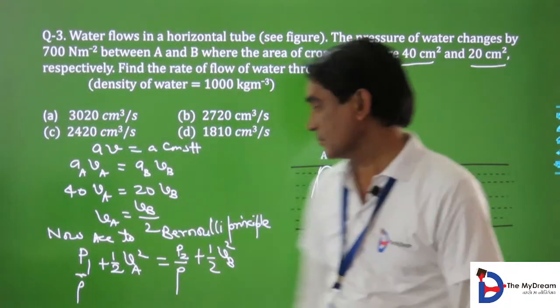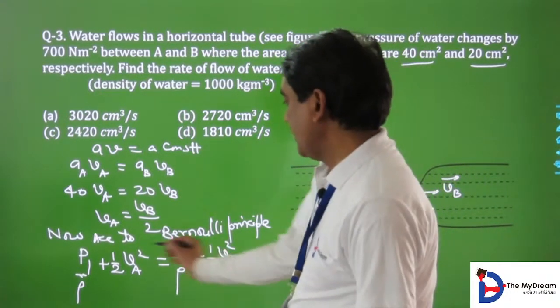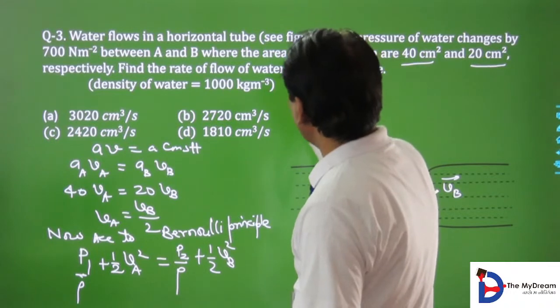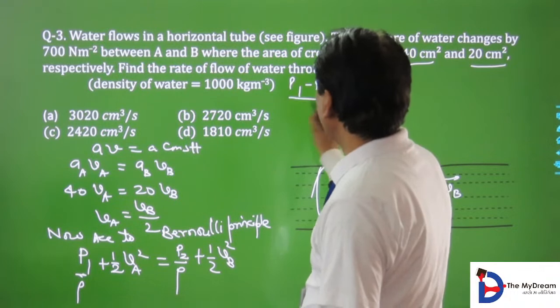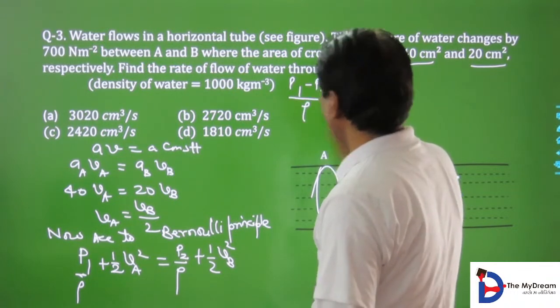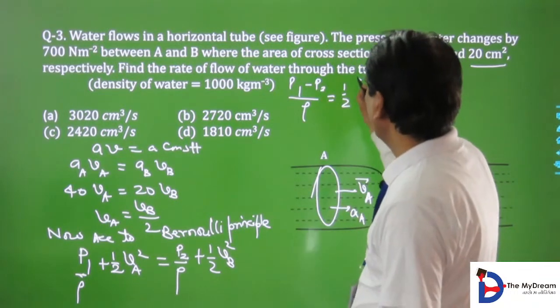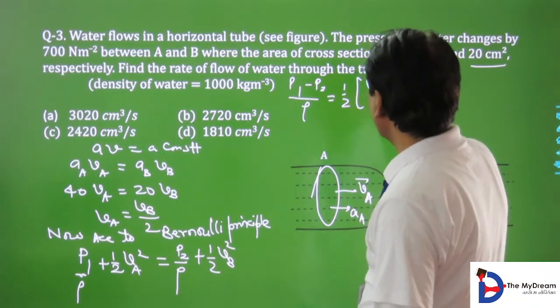Now P1 minus P2 divided by rho is equal to half VB square minus VA square.